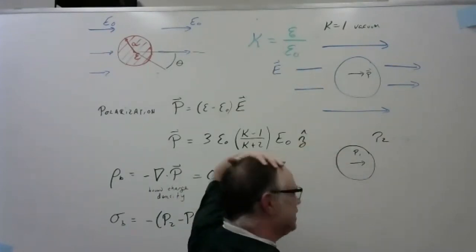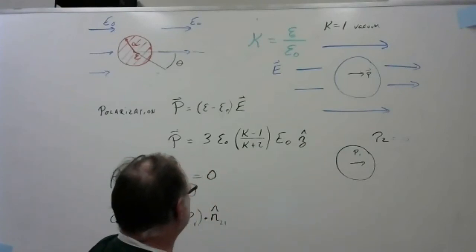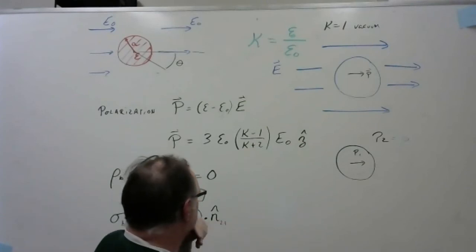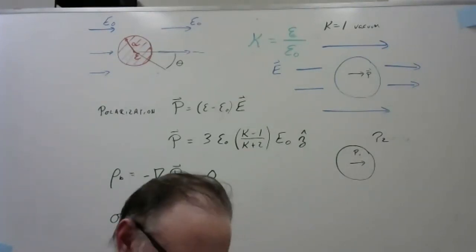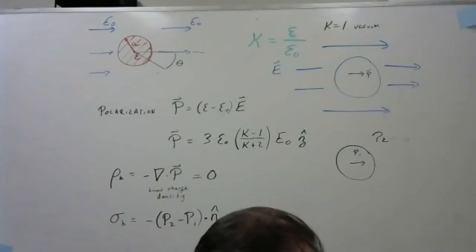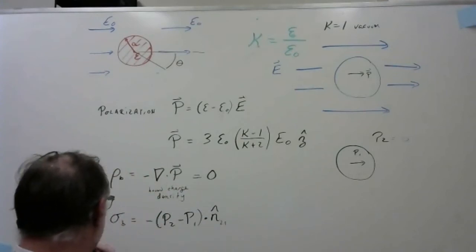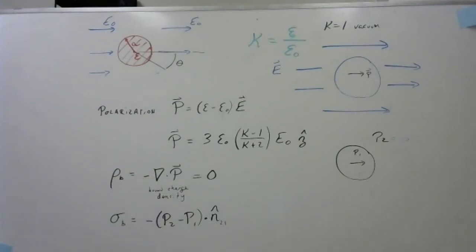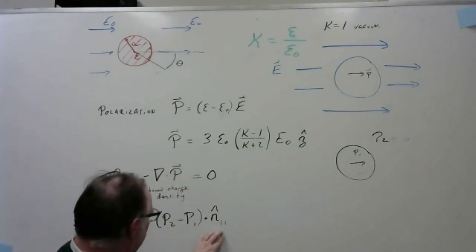The normal to the surface is in the r hat direction. So unfortunately, we have to go back and change this again. We have to put this in terms of our polarization, in terms of r. So instead of the Z, this is R hat.